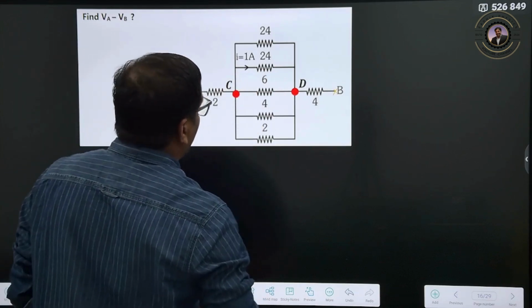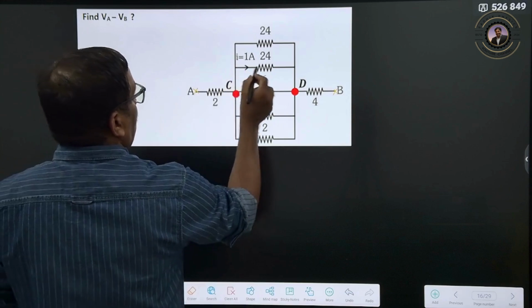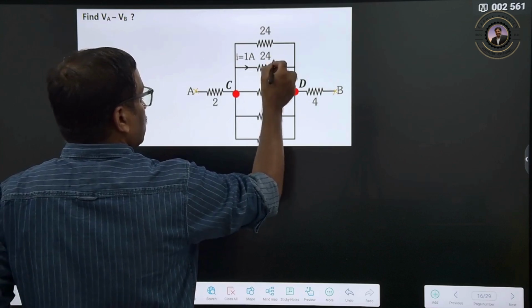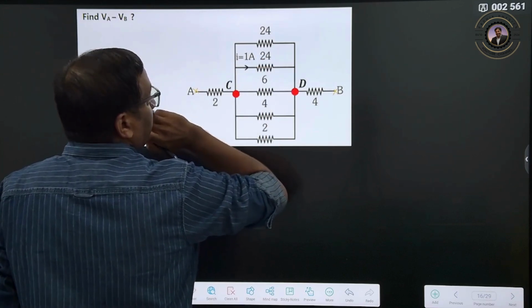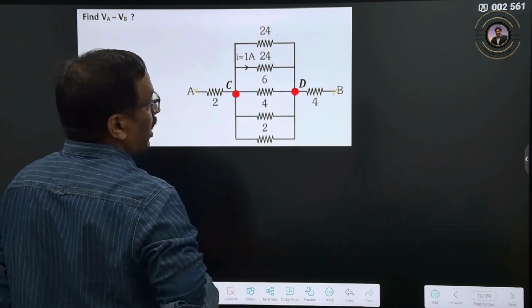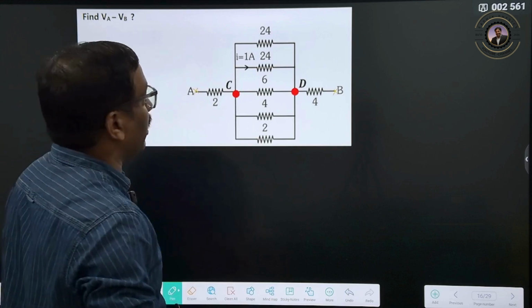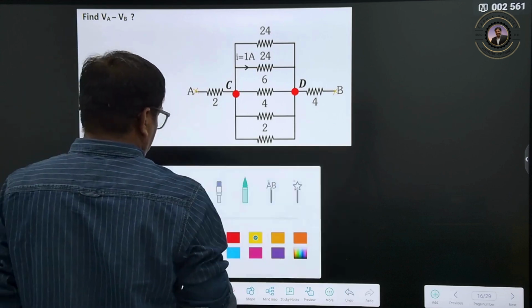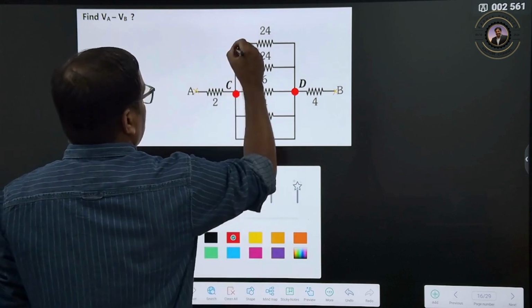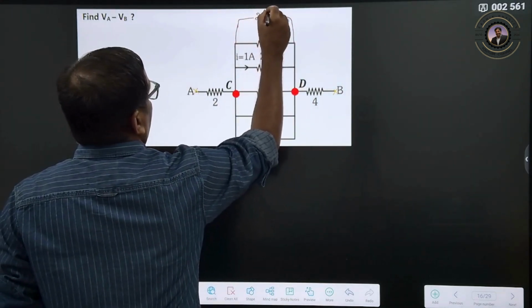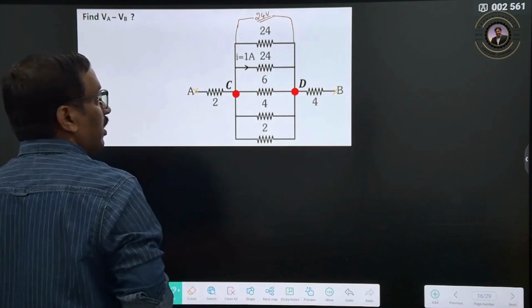So across this one, the potential difference is V equals IR, which is nothing but 24, clear. So across all these, 24 volts will be your potential difference.